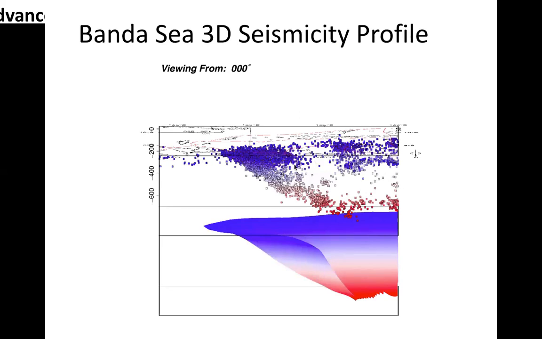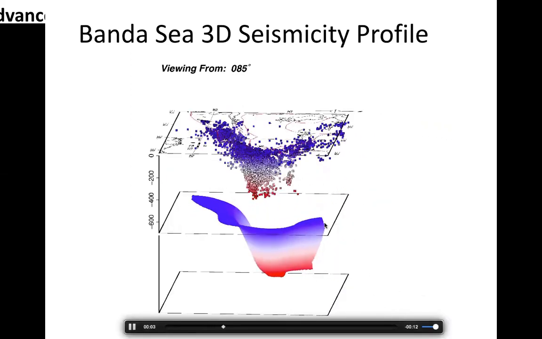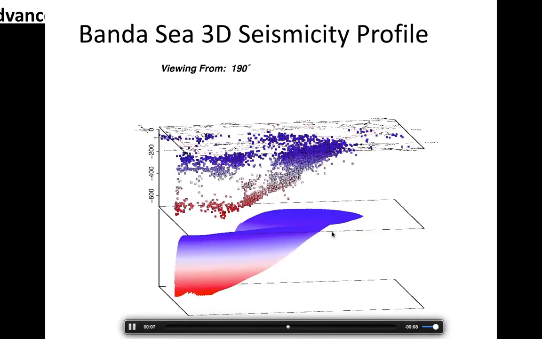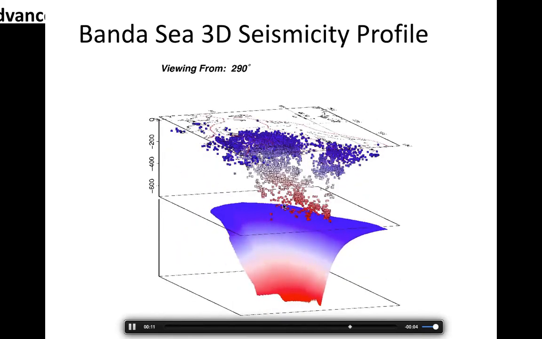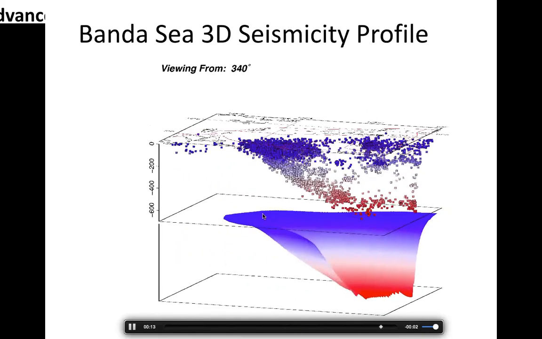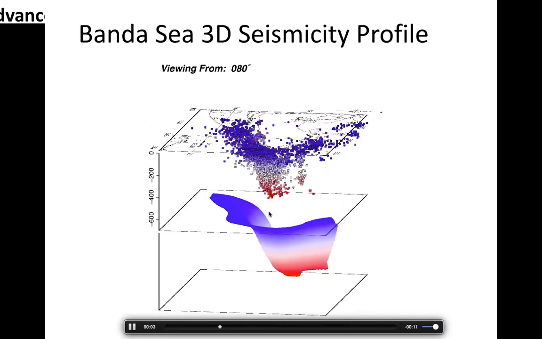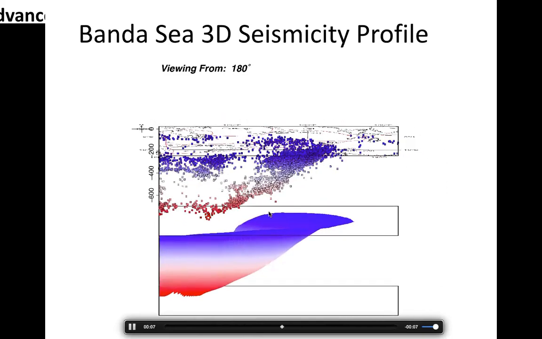So once again, starting here, looking from the north, if we move around to the east, you can see the complex, west dipping synform that has been formed here, which has often been likened to the bow of a ship, or a bathtub, or a spoon shape almost.